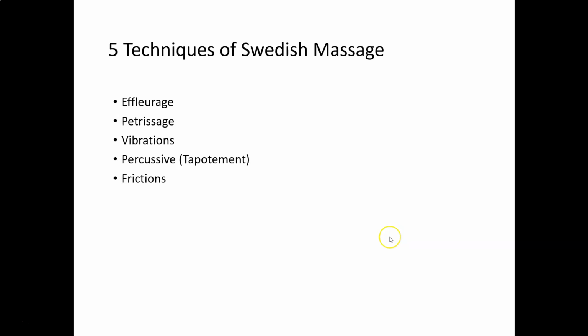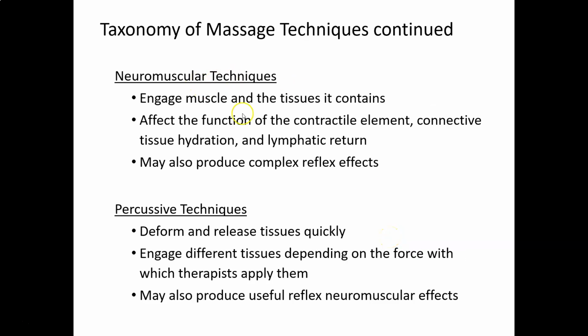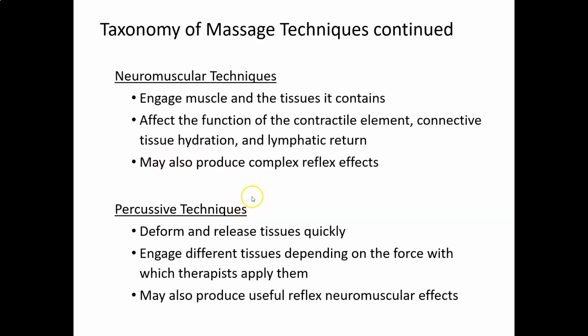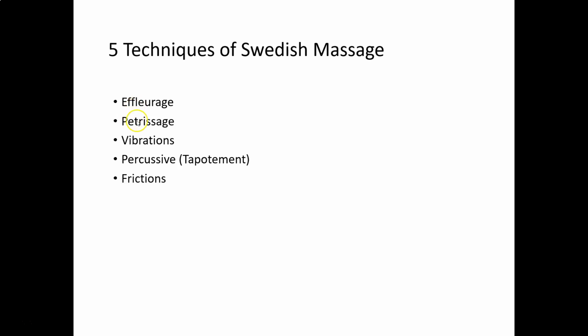Now, when I went to school, just to let you know, these terms did not exist. We didn't have superficial reflex techniques, superficial fluid, and so forth. We knew them as effleurage, petrissage, vibrations, percussive, and friction. So things have moved on as they should, and we don't use these older terms anymore. We use the new terms.